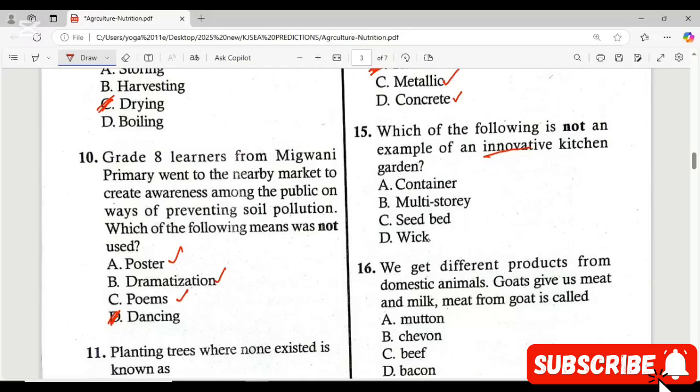So seedbed is not one of the innovative kitchen gardens. But we can plant some cabbages in a container and put them outside here. And we can have a multi-story, the one that we build here on layers, and they plant some crops there. But seedbed is not.